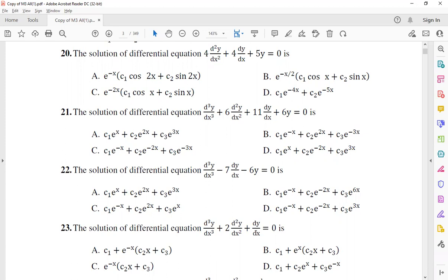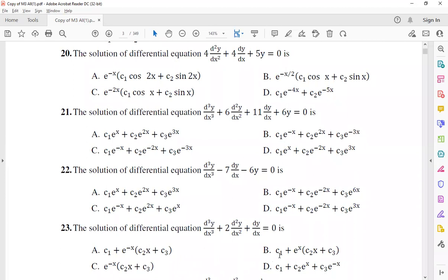Roots are 0, minus 1, minus 1. Everyone is getting that? So 0, minus 1, and as it is a cube, calci is showing you 2, so whatever is the last is repeating. So minus 1 is repeating. Which one is the correct answer?